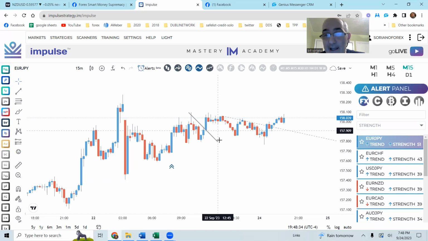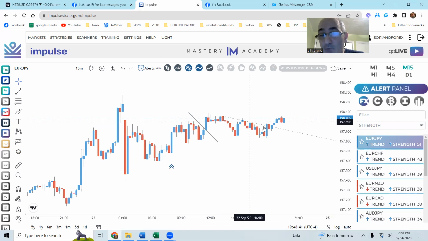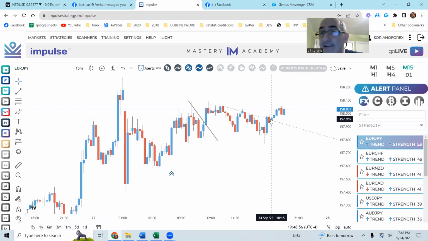Okay? So also you could see here that when you're trading these in real time, it will draw this trend line for you. So right now it's drawing a trend line right here for me. And you can see that right here on this candle, where price closes above that trend line, that's where we would want to take that trade, right? Okay, and then you could put the stop loss down below this wick here if you're going to get in the trade right there.